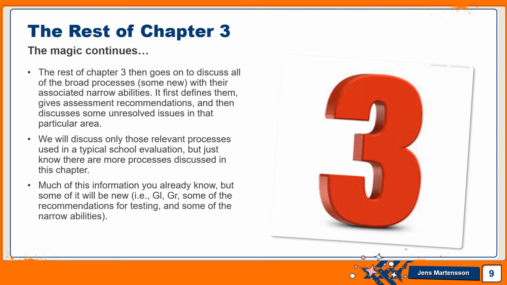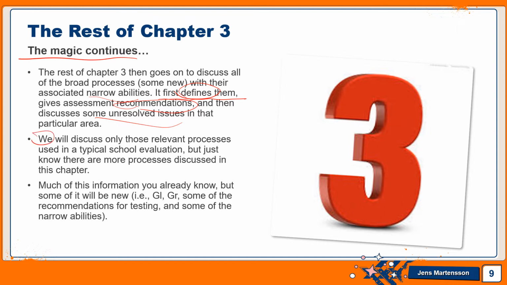So the rest of chapter 3, yeah, the magic continues. The rest of chapter 3 goes through all the broad processes and their narrow abilities. First it defines them, then it gives recommendations for all of them, and then it discusses some unresolved issues in that area. It does that for each of the areas.